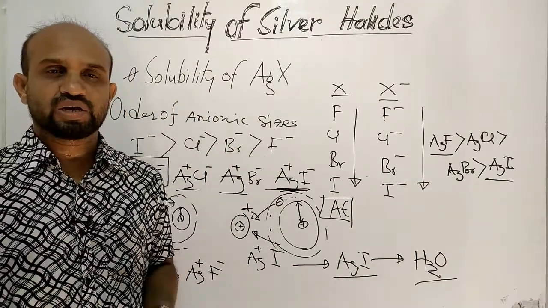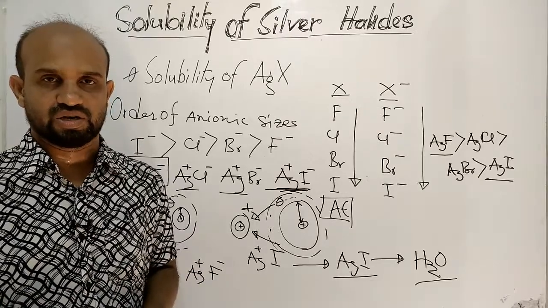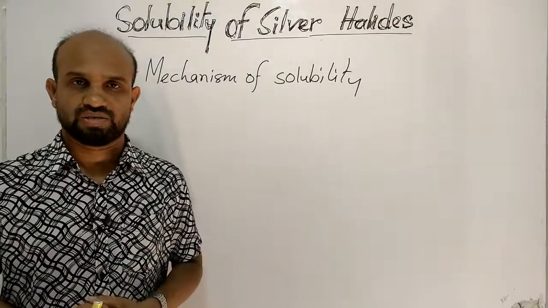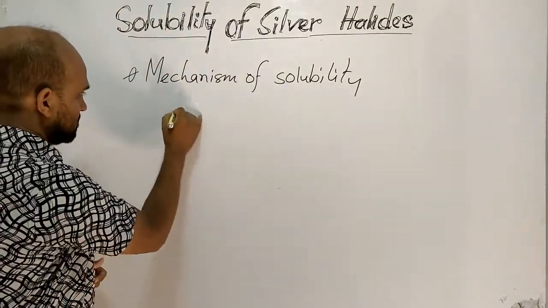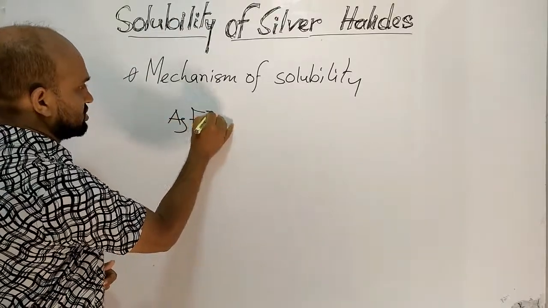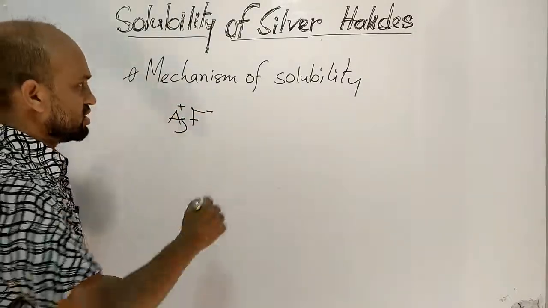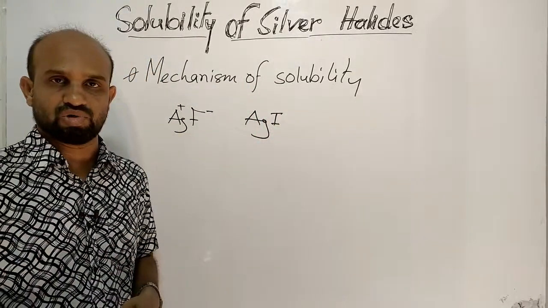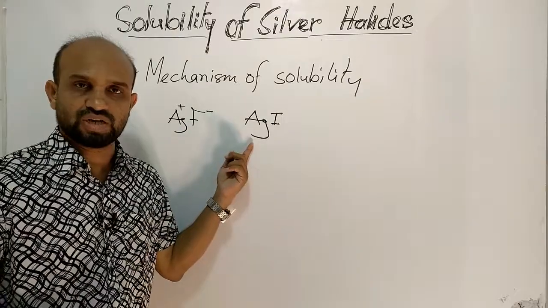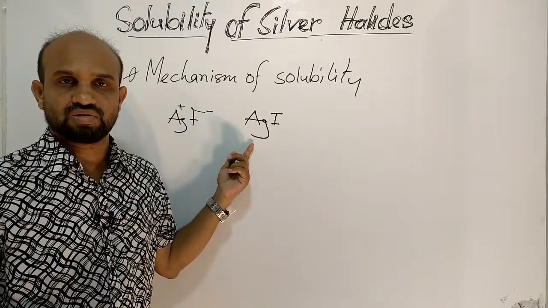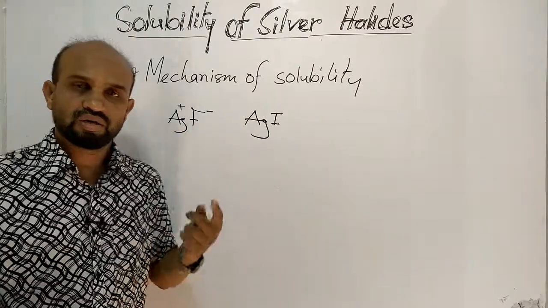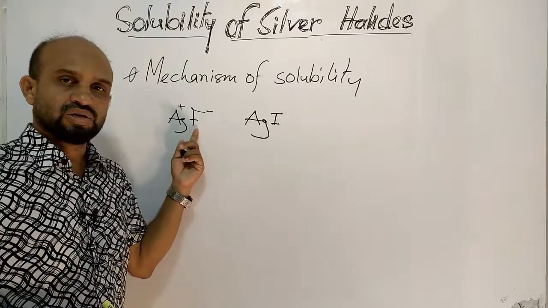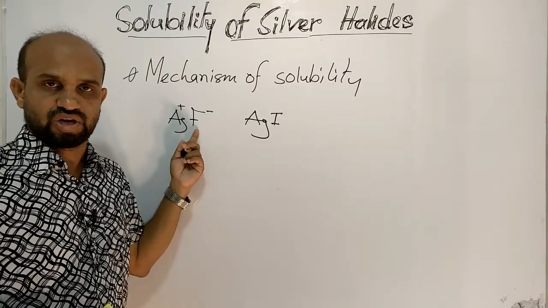Now let's see the mechanism of solubility of silver halides. We learned that silver fluoride is soluble in water and silver iodide is not soluble in water, because through polarization silver iodide gets covalent character, and in silver fluoride polarization doesn't happen because of the smaller size of fluoride ion.